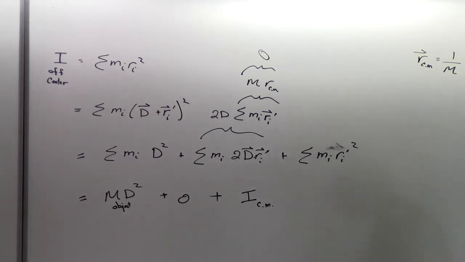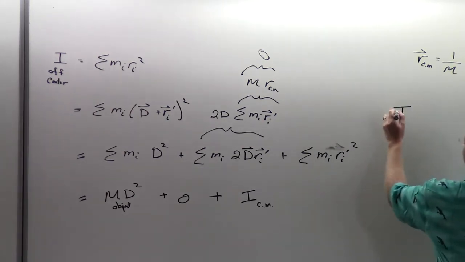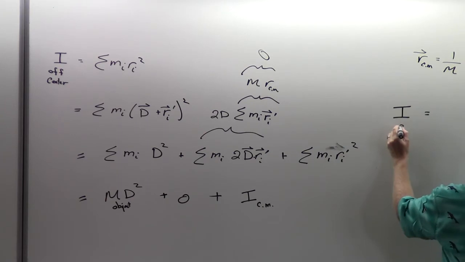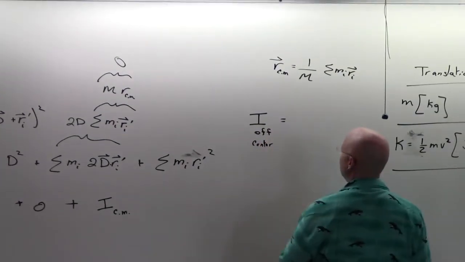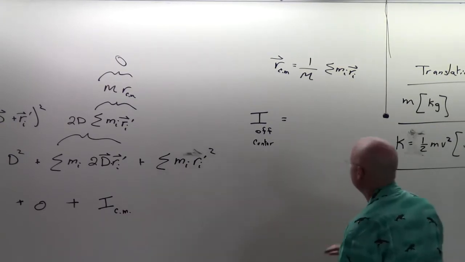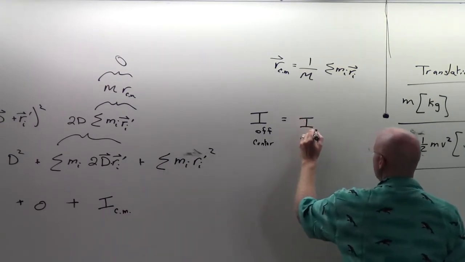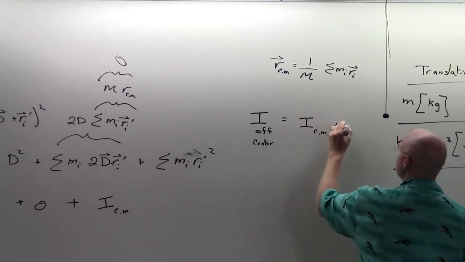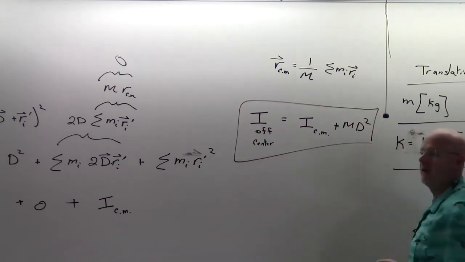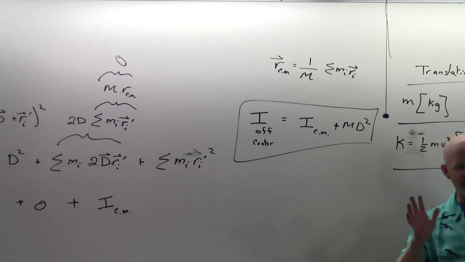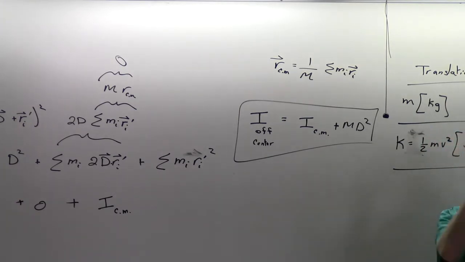So here's the grand conclusion. The grand conclusion here is you can get the moment of inertia off center if you first of all know it at its center of mass, and then just multiply by how far you're moving away from the center of mass.